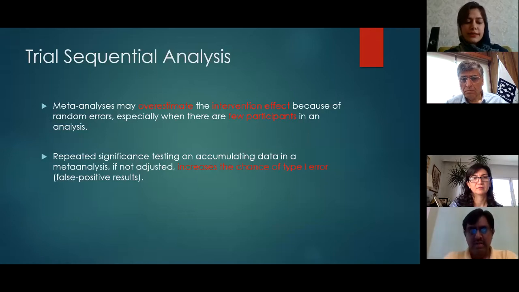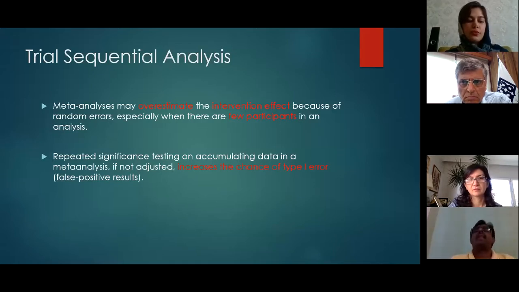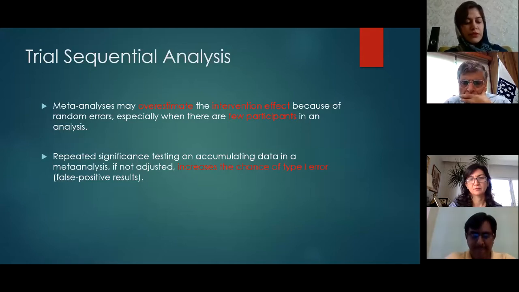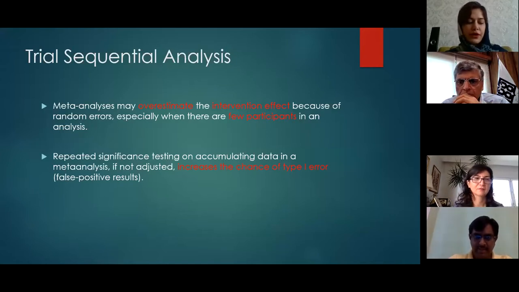When the number of participants in a meta-analysis is insufficient, the use of the traditional 95% confidence interval or the 5% statistical significance threshold will lead to too many false positive conclusions, which is type 1 error. In this study, it would mean the greater effectiveness of alternative injection techniques over inferior alveolar nerve block.